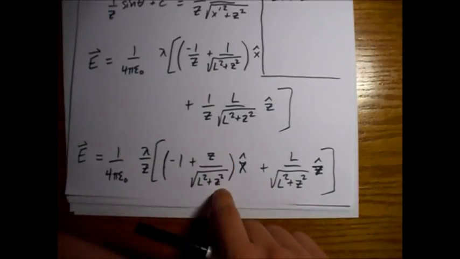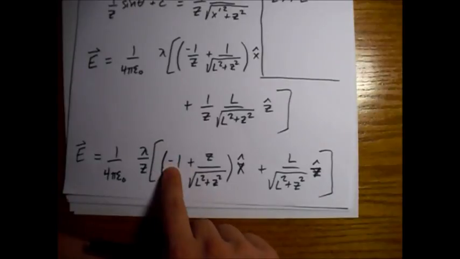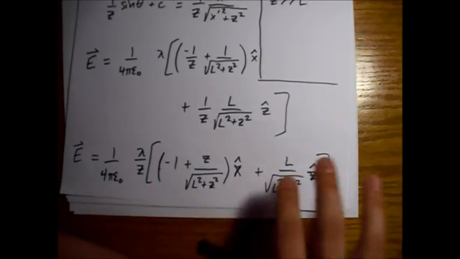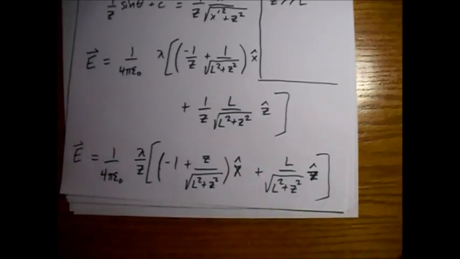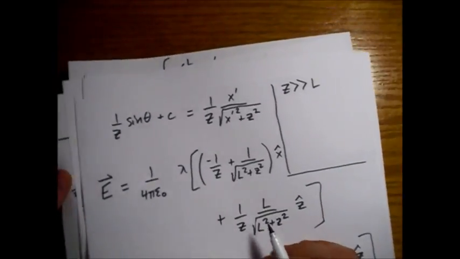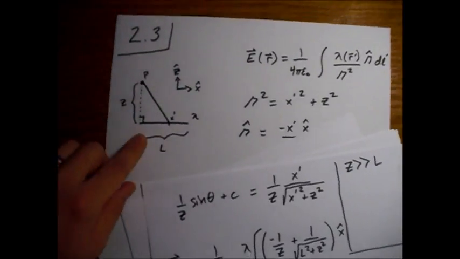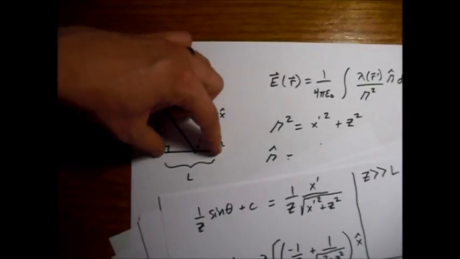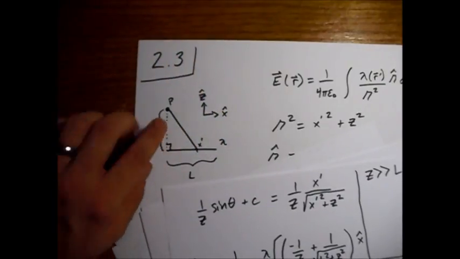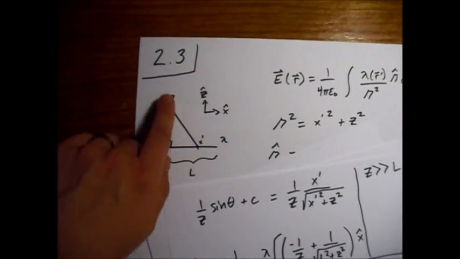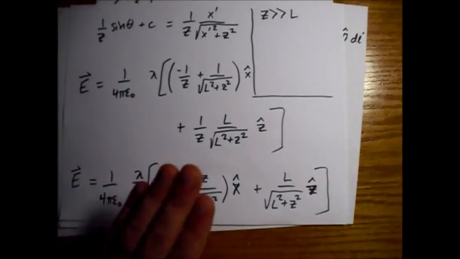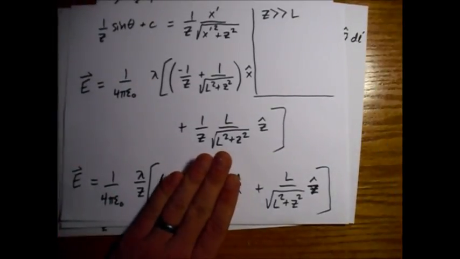So then we get a z over z, which will cancel with this minus 1, and the x hat component will just go away. Which is what we would expect as we get further and further away from this finite line charge. It will appear to shrink down smaller and smaller until it's just a point, and we only care about the z component. All right, so this x hat term will go away.